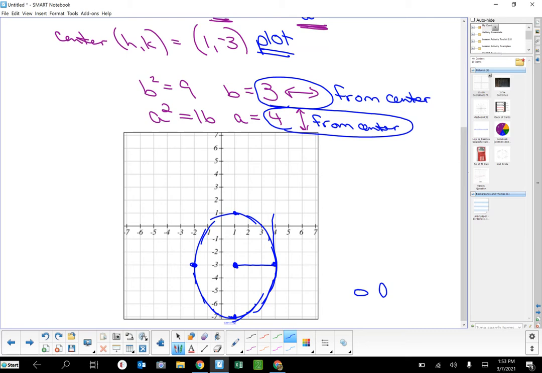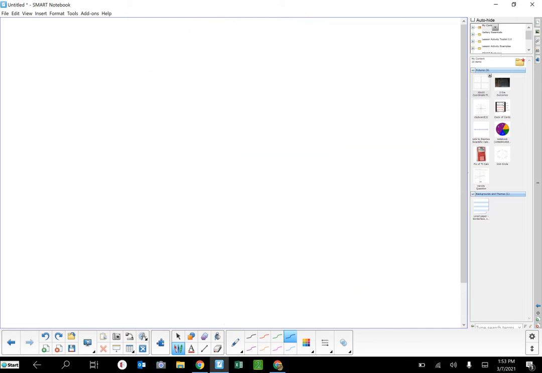Now, next, what if you see this? If you're given 25x squared plus 4y squared equals 100, and you're told to graph it.